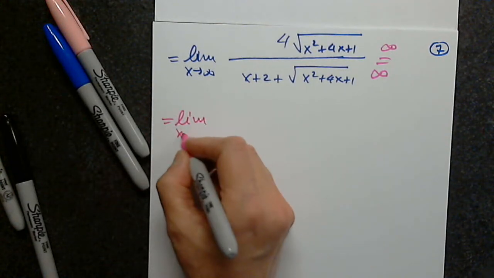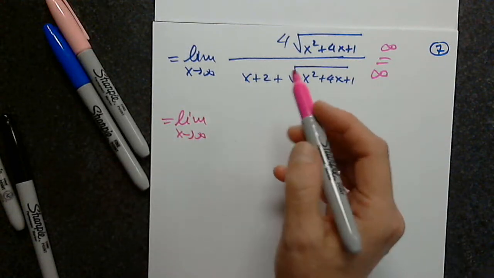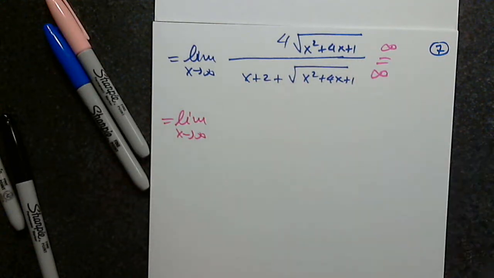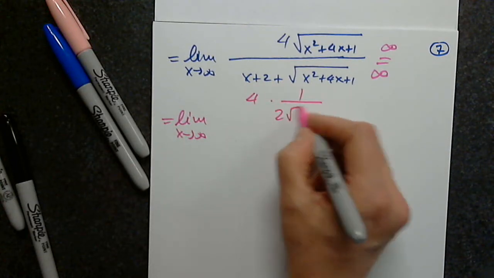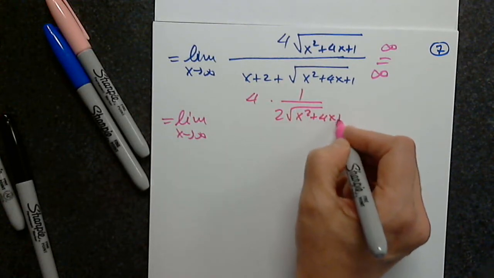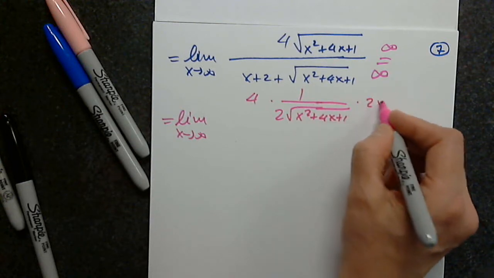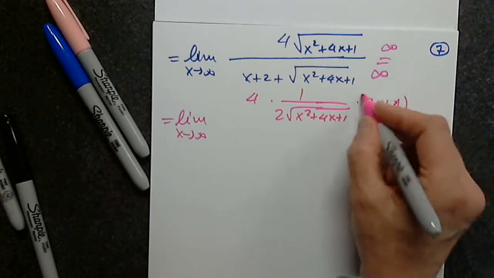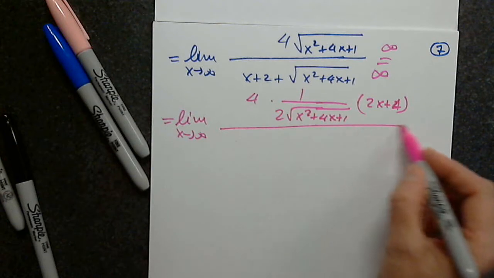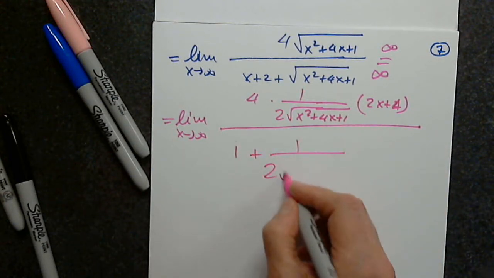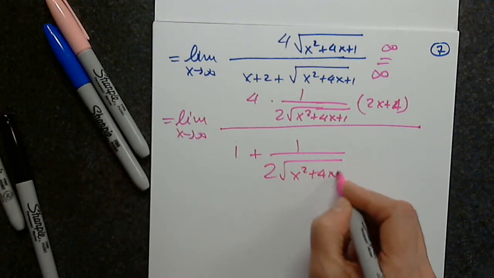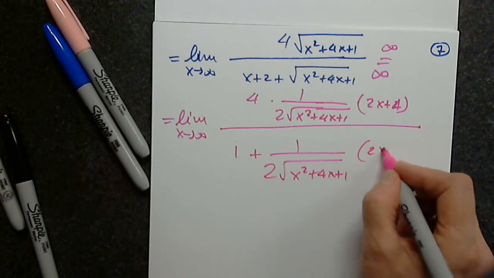Okay, limit. If I differentiate because it's infinity over infinity, then it's 4 times 1 over 2 the square root of x squared plus 4x plus 1 times 2x plus 4, everything divided by 1 plus 1 over 2 the square root of x squared plus 4x plus 1 times 2x plus 4.